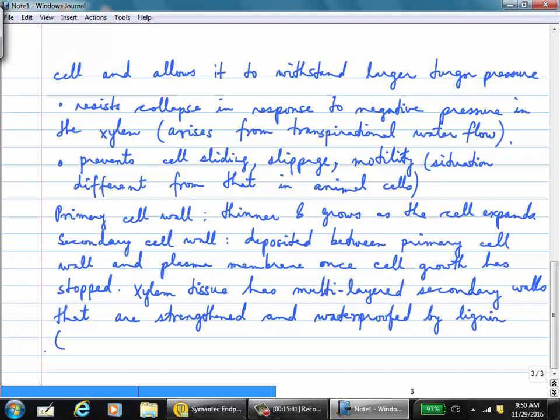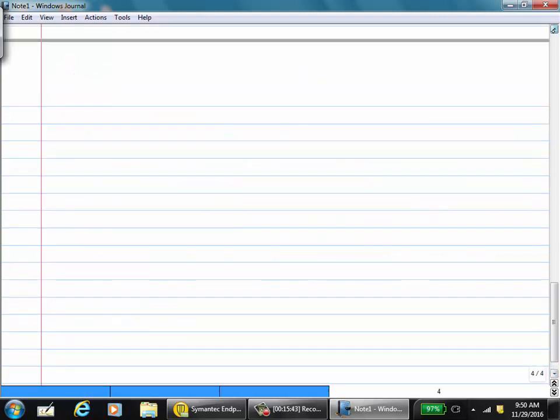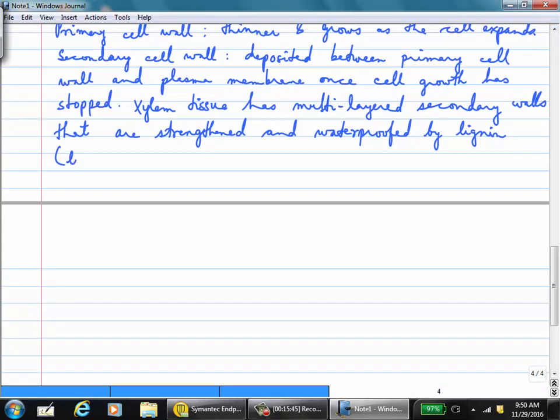And these walls are said to be lignified. And again, we don't have time to get into the detailed structure and chemical composition of lignin and so on, but I'm just mentioning that.